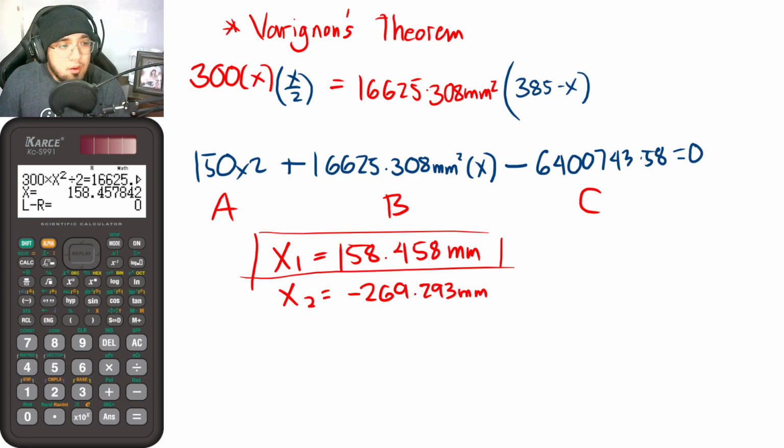But if I am now to type shift solve, then I would write an answer here, let's say I tell the calculator to start guessing from the negative 200 value. It means that it would now display this particular value.